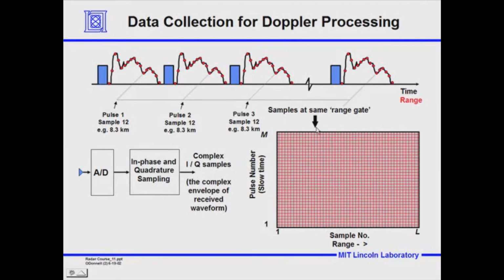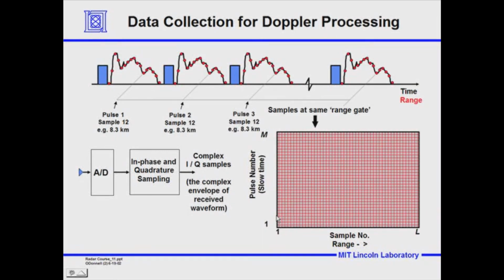So we're going to have a whole bunch of returns, both real and imaginary, for that range cell of 8.3 kilometers. Okay? Now I'm going to steal a little bit of my thunder ahead of time. Now if we're dealing with MTI processing, this M will just be 2, 3, or maybe 4.